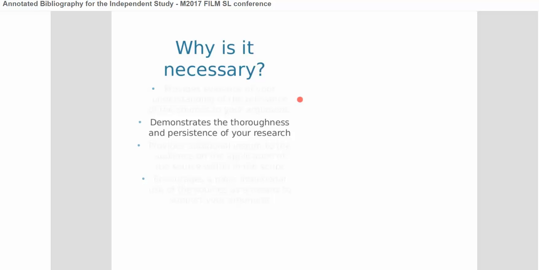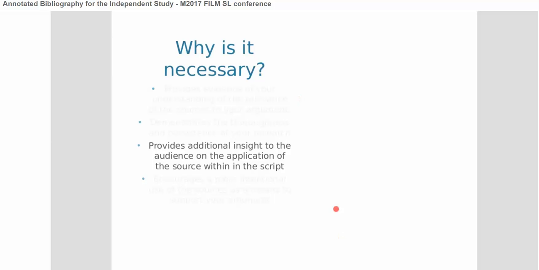It also demonstrates how thorough you were in your research, that you weren't superficial about finding just whatever came up first on a Google search, that you actually went in depth and you tried to dig deep and find sources that really contributed to your arguments and really developed your thought about the topic. So that list of annotated sources, you can see how academic they are, how deep you went in your research, and how persistent you were in that process.